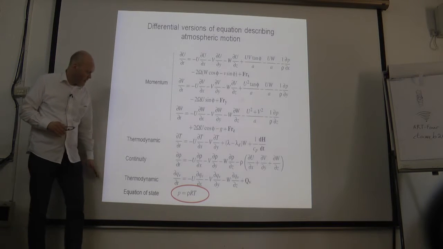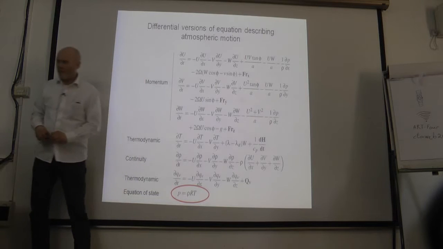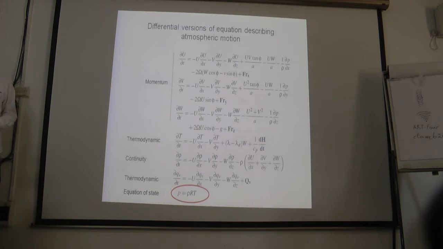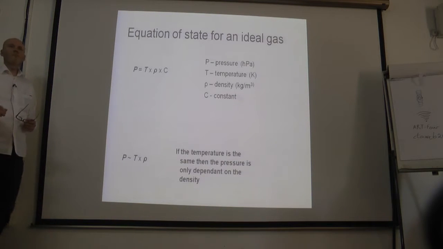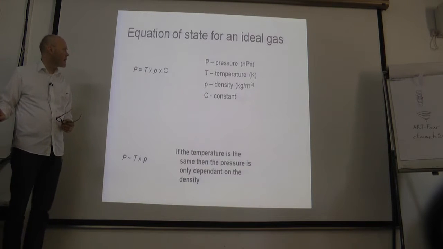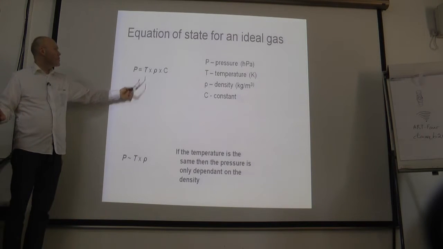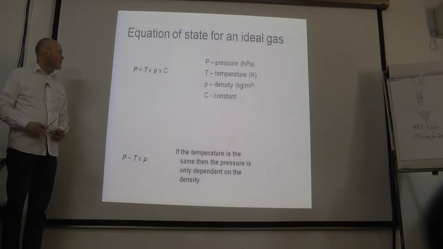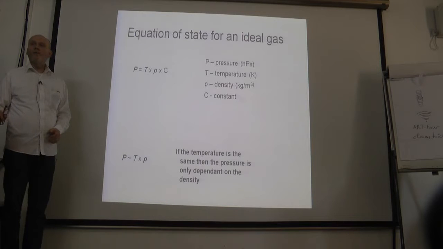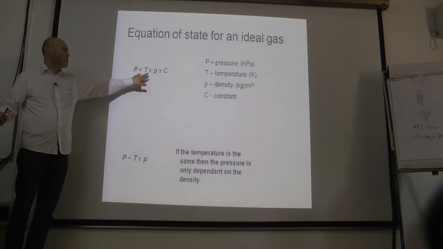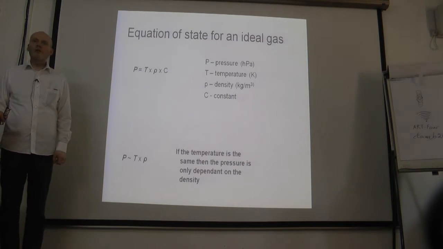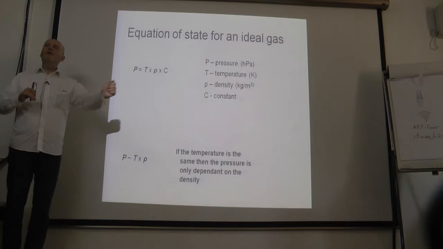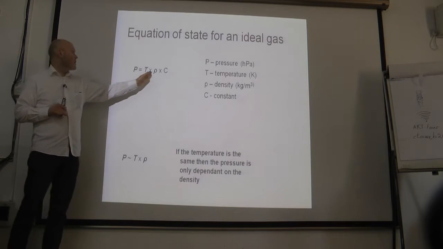But let me first start with explaining this equation, which is perhaps the most simple and nicest equation that we have. We have a connection between pressure, temperature, and density, and very often we take one of these variables, keep it constant, and then we consider transfer of energy between the two others.